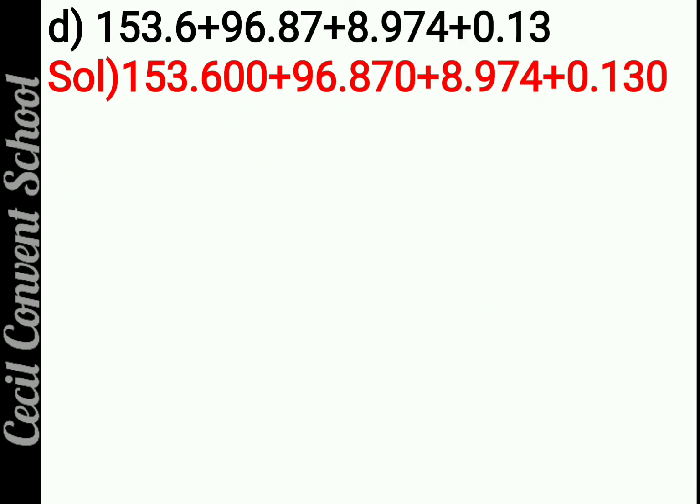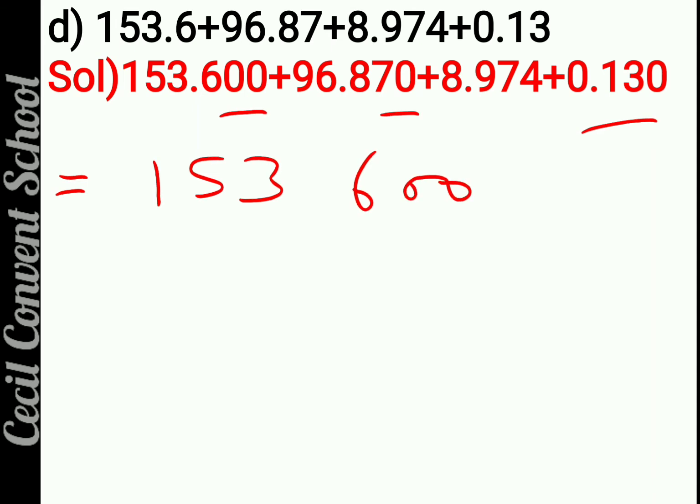Again it is having 1 digit, then 2, then 3, then 2. It means we have to put 2 zeros in the first number, 1 zero in the second, the third is fine, and last we put 1 zero. Clear? Then we will add it. So 153.600.